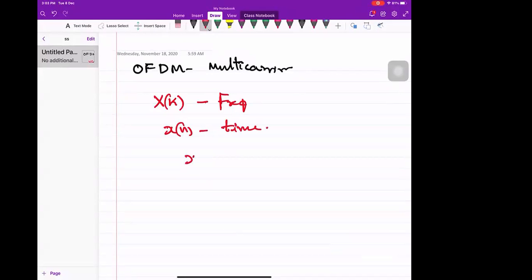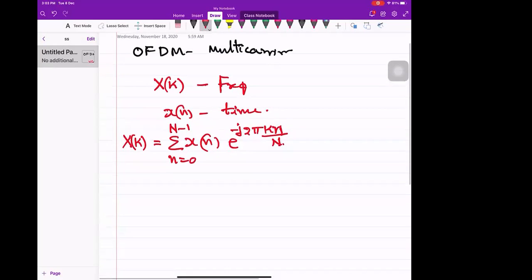If x of n is given to your OFDM block, we know very well that it is e power j 2 pi k n by capital N. This is the equation to compute the frequency domain.